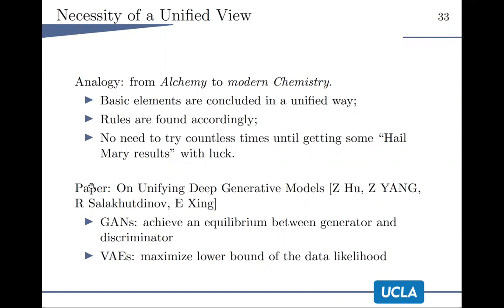And there is a paper called Unifying Deep Generative Models. What we are going to talk about next is mostly from this paper. On a very abstract level, GANs are about achieving an equilibrium point between the generator and the discriminator, and VAE is trying to maximize the lower bound of the data likelihood.